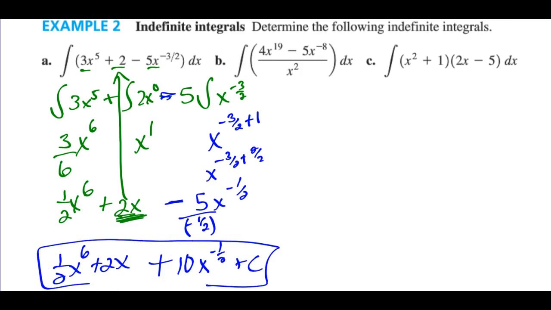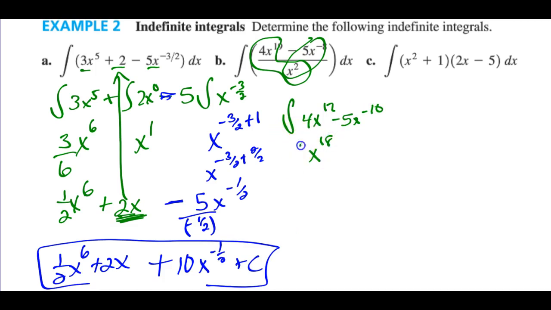The next problem, I would go ahead and maybe just simplify. Let's divide each term by x squared. So I'm really taking the integral of 4x to the 17th minus 5x to the negative 10. All right, so let's pop out the 4, increase this to 18, divide by the 18, and come up and reduce. 2/9 x to the 18th.